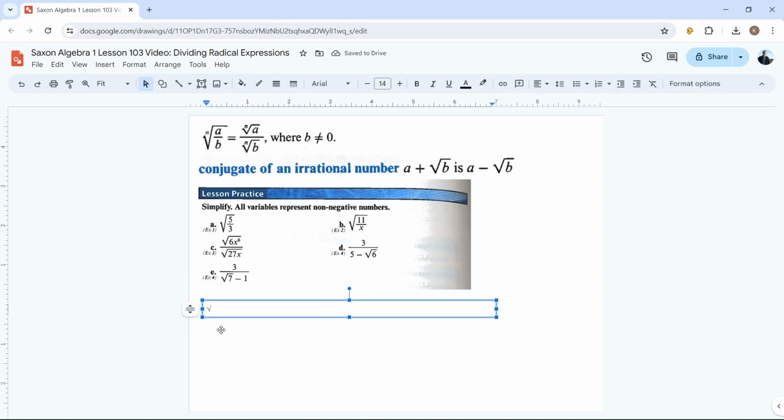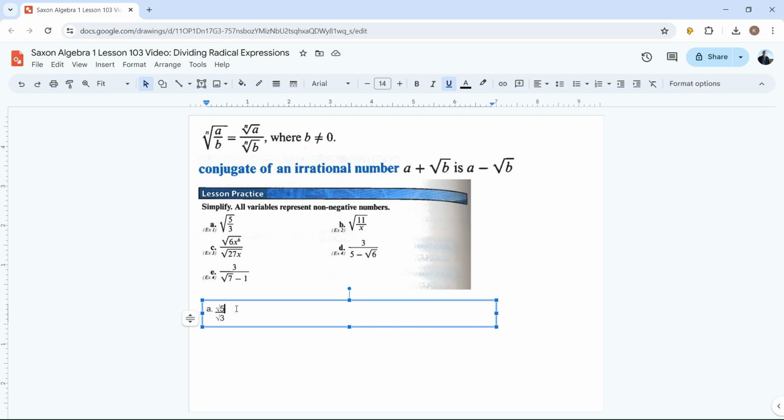Let's get started. The letter A is actually going to be written like this. The square root of 5 over the square root of 3. Now, what am I going to do about this square root in the denominator? I can't have a square root of 3 in the denominator.